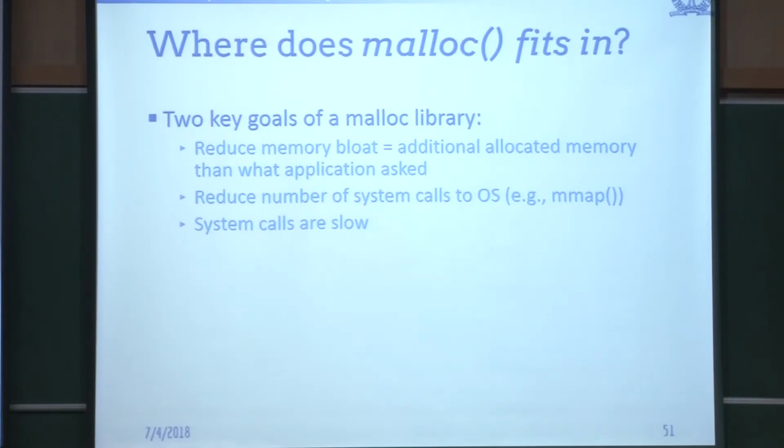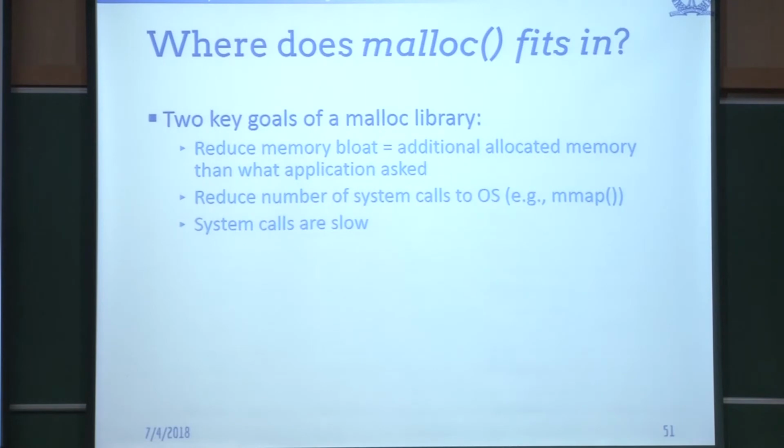And the second is that system calls are slow. With mmap you are going to the operating system. You want to reduce the number of system calls. Every time you allocate memory, if you had to go to the operating system, your performance would slow down.